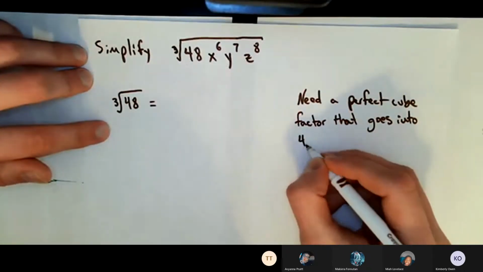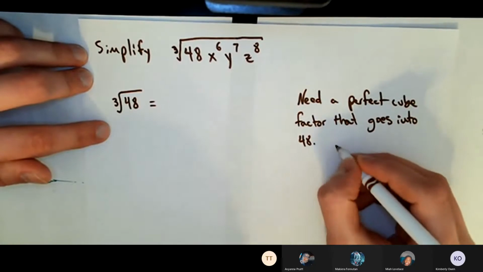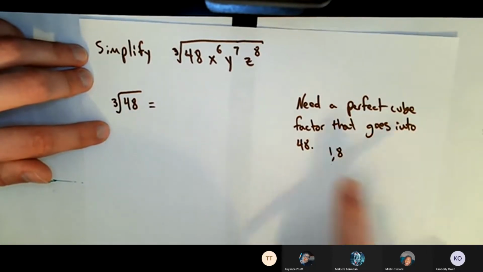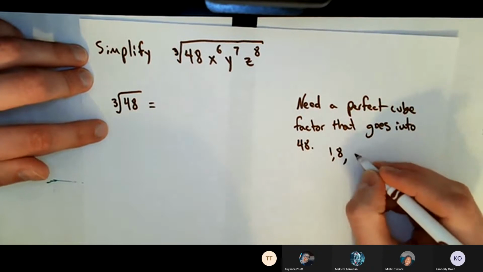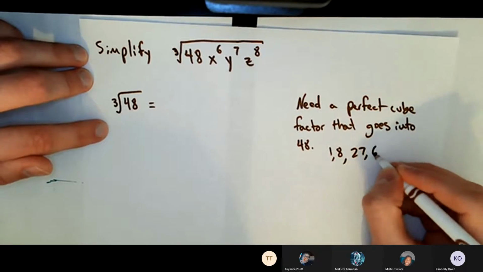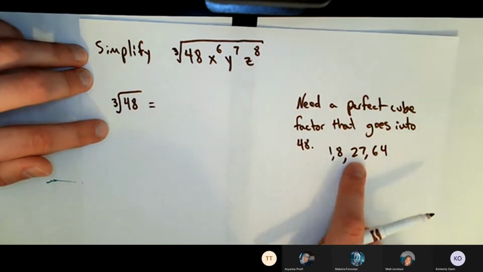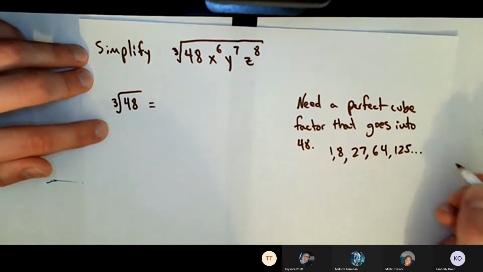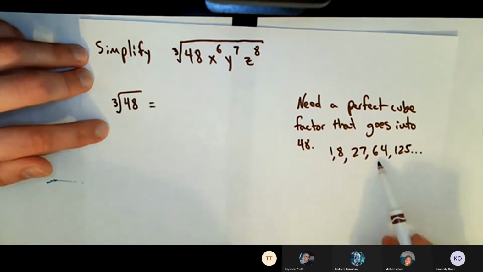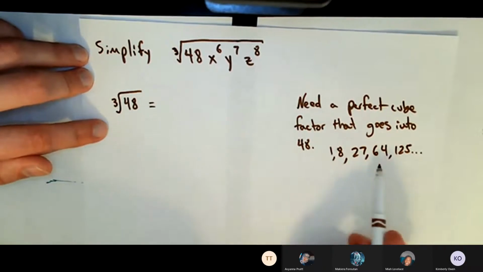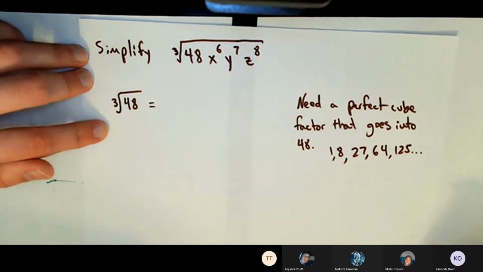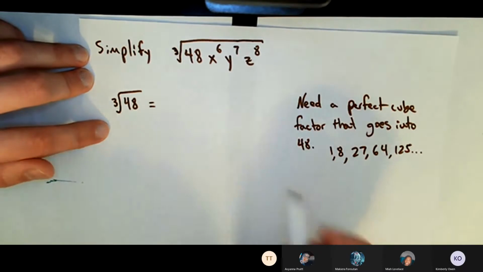And what are those perfect cubes, by the way? Remember, 1 is always going to be in the list, but it's not really that useful, right? 1, 8, 27, 64, so 2 cubed, 3 cubed, 4 cubed, 5 cubed, etc. Obviously, 64 can't go into 48. Neither can 27, right? If you think about it, you can check that and make sure. But in fact, 8 does.